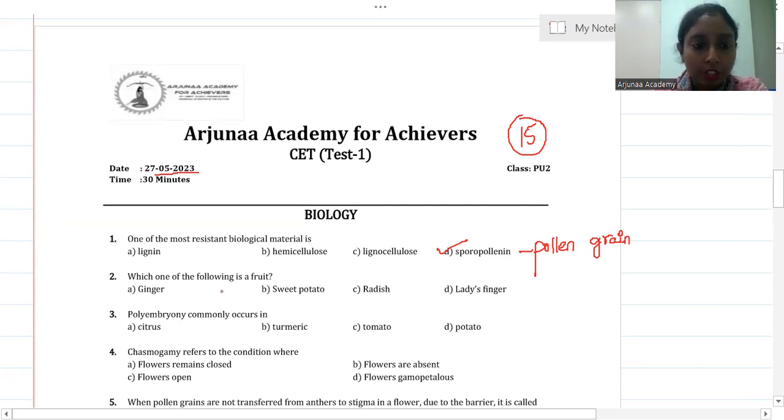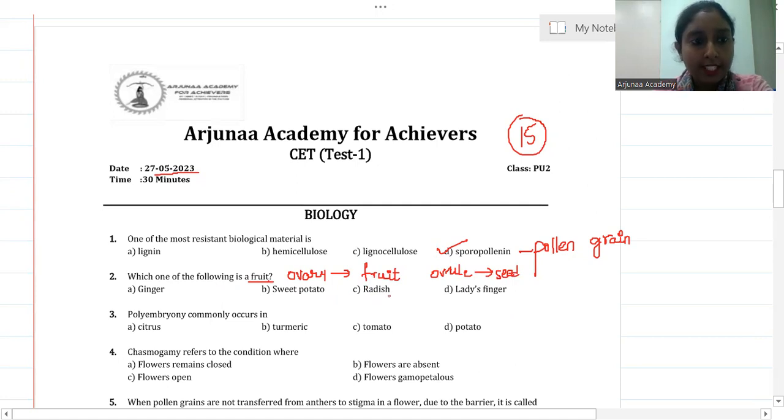Then the second question, which one of the following is a fruit? We know how the fruit is formed by the process of sexual reproduction after double fertilization. So this ovary will become fruit. And inside the ovary there will be ovules. These ovules will become seeds, right? If we take ginger, potato, radish, all these three are modifications.